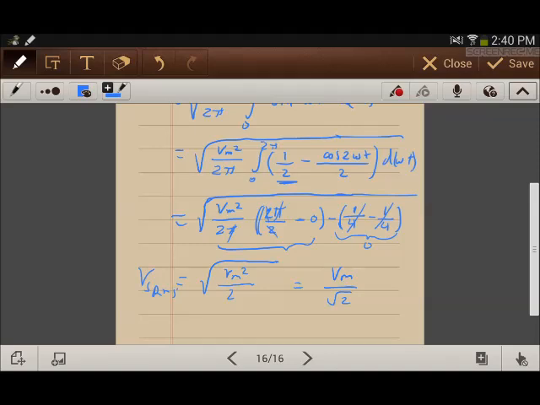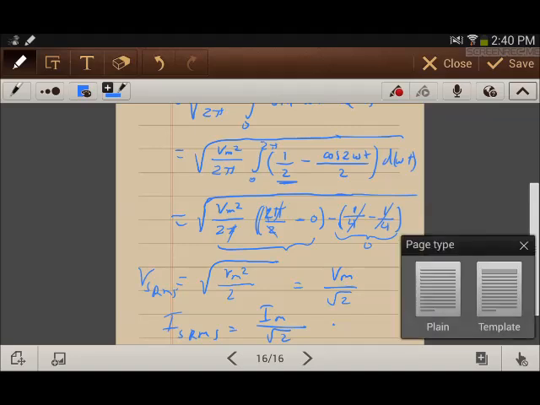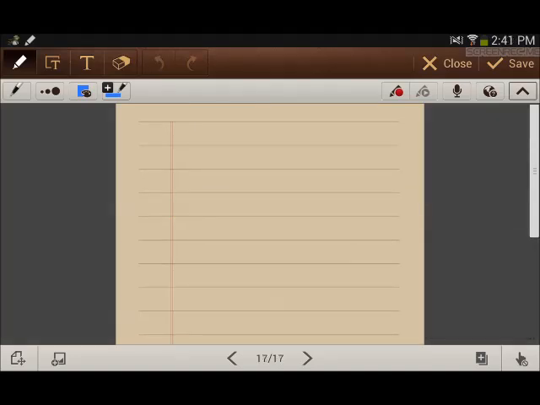So this is the RMS value of the source voltage, and the RMS value of the current is going to be I maximum over root 2. So we found the source voltage and current RMS. Now to find the output RMS voltage in the half-wave rectifier, we'll do the same thing.